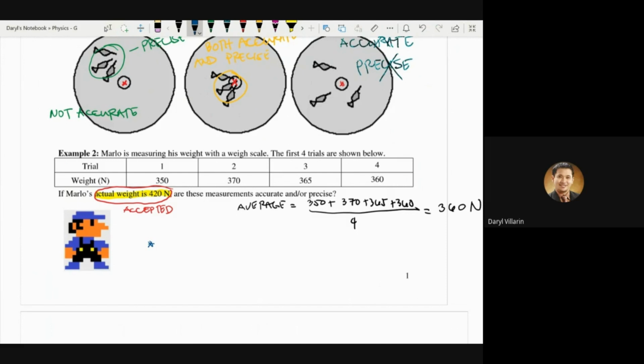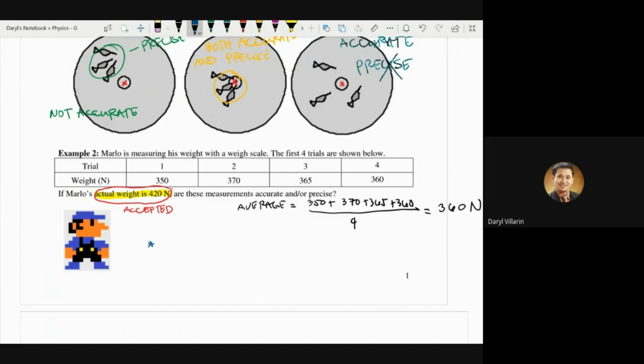I cannot blame you when you say that it's not precise, but to a certain level, if you can see the average is 360, and if you compare all the values, maybe they are close to one another, given that the values that you have are in the hundreds, right? And the difference is around maybe 10. So you have several hundreds in the values. So again, I cannot blame you if you say that it's not precise.